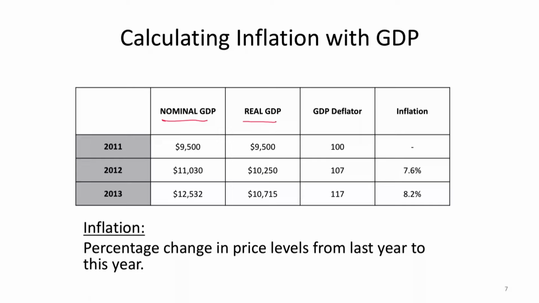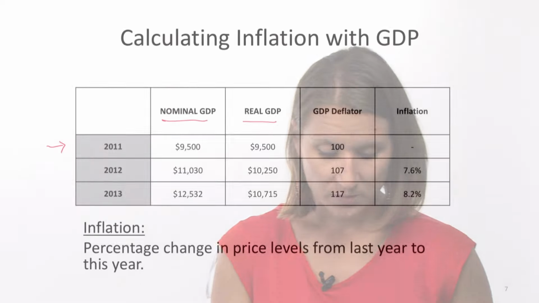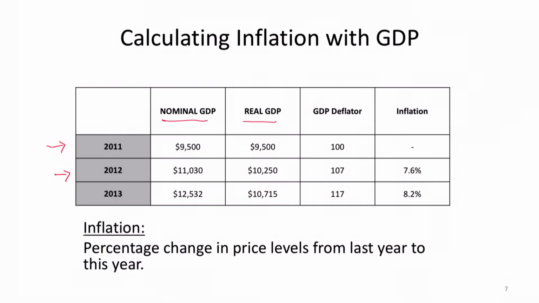As you can see, in the base year, the GDP deflator is 100. Because in the base year nominal and real GDP are exactly the same, we expect the GDP deflator, or the index, to always equal 100. Now, in 2012, nominal GDP divided by real GDP gives us a GDP deflator of 107.